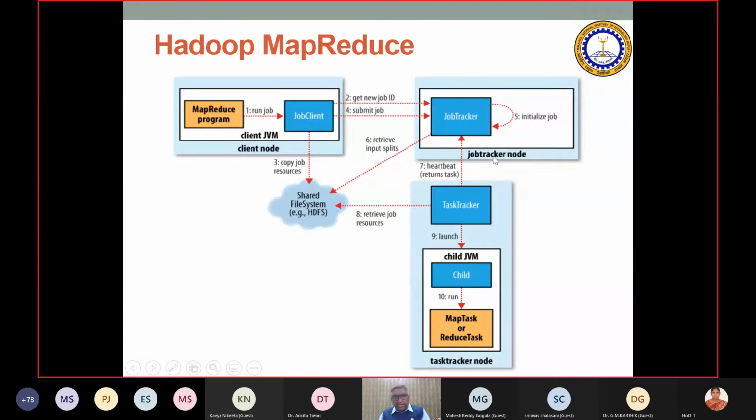Job tracker node is running on the name node, and task tracker node is running on the data node, right? And then you have a client who is accessing from a client node. A client is sending a MapReduce program to a job client. So it goes and gets a job tracker ID, and then the HDFS file system is shared.